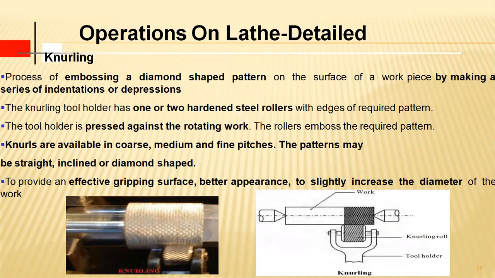Basically, why are these knurling operations utilized? It is to provide an effective gripping surface for holding. Instead of having a finish, the object would have a slippery nature upon holding.